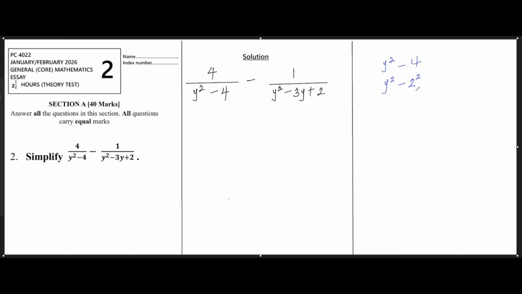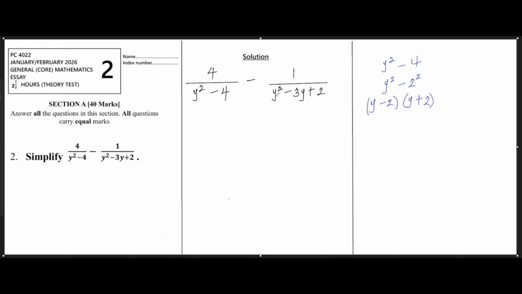So we now have our difference of two squares. Anytime you have difference of two squares and you want to factorize, just take the first term minus the second term in one bracket, multiplying another expression, but this time the first term plus the second term. So that is how we factorize difference of two squares.